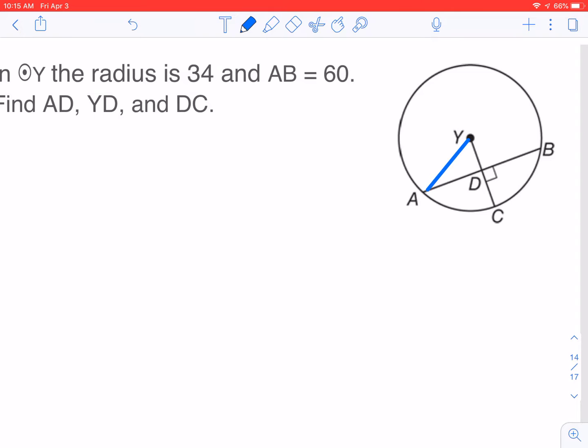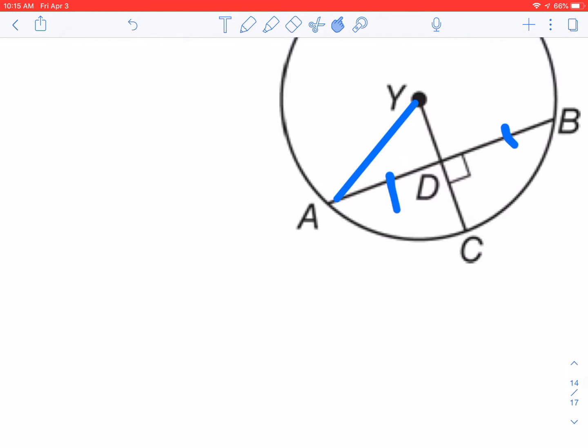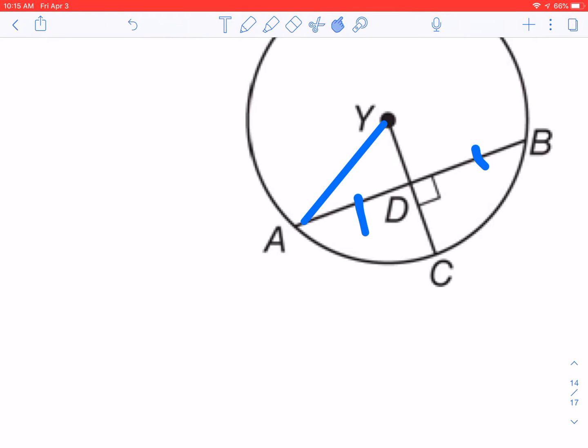Nice straight line. Kind of a radius. Radius enough. Okay. I also know that AD and DB are congruent, perpendicular bisector. Going to zoom in. So I know those are congruent. I'll erase my congruent mark here so it doesn't get in the way.